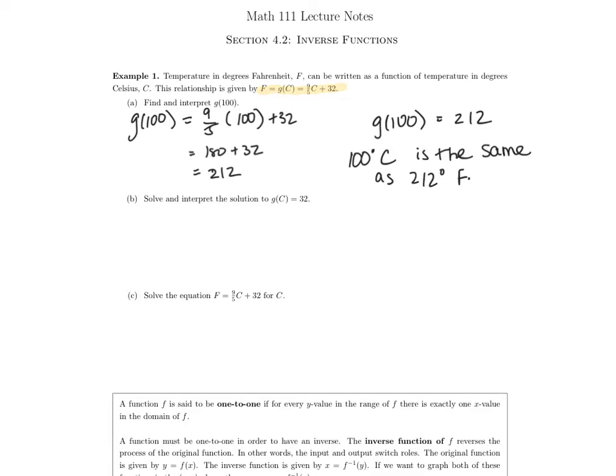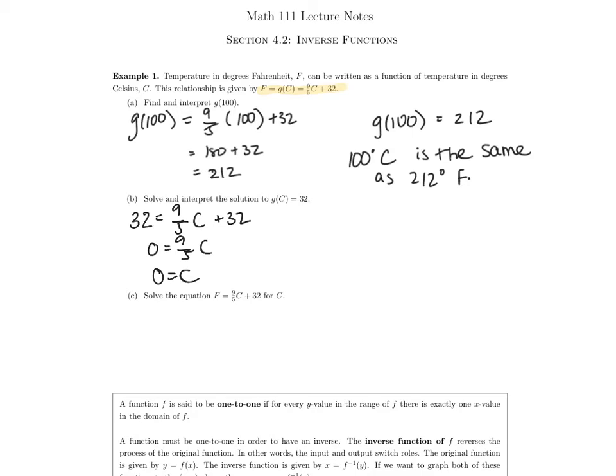We're going to do the same for part B, but instead of giving us C, now it's giving us what it's equal to, or that F value. So we know that G of C is equal to F, so we're just going to set the equation equal to 32. We'll subtract 32 on both sides and get 0 is equal to 9/5 C. From here, whether we multiply by 5/9 or multiply by 5 and then divide by 9, you're still going to get 0.